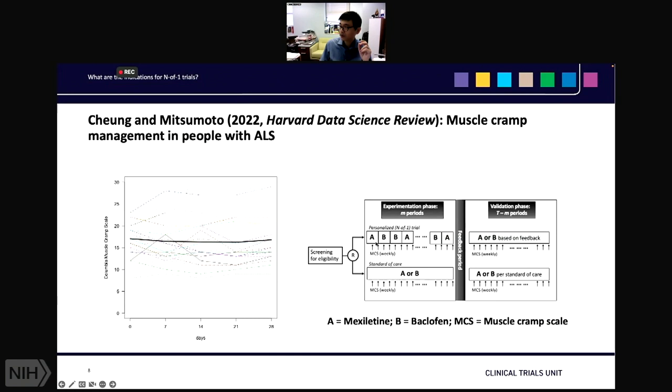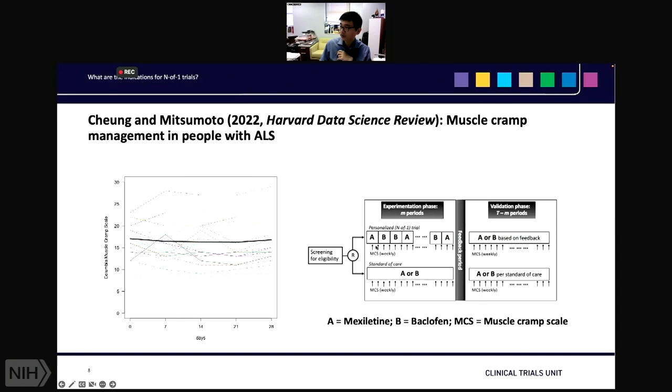Each treatment period is about 2 weeks, and during the 2-week period, we're going to measure the muscle cramp scale, developed by a colleague at Columbia, on a weekly basis. So we have a regular schedule of measurements.